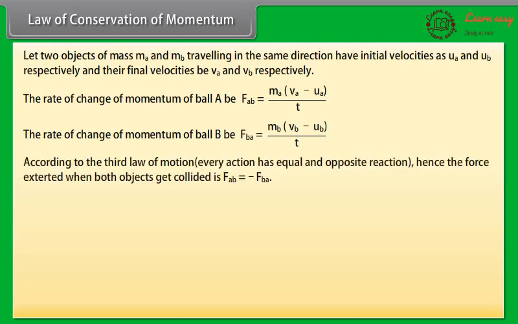According to the third law of motion, every action has an equal and opposite reaction. Hence, the force exerted when both objects collide is FAB equals minus FBA.